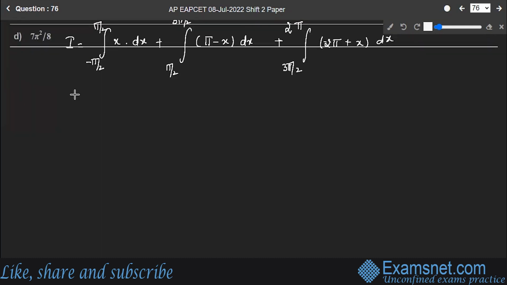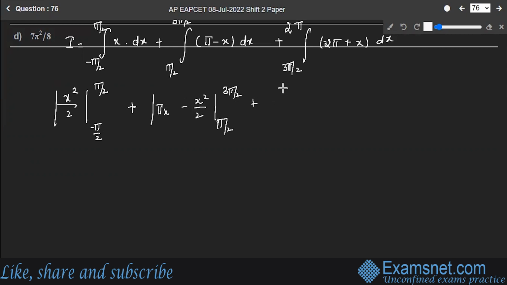The integral of x is x square by 2 with limits minus pi by 2 to pi by 2, plus the integral of pi minus x will be pi x minus x square by 2 from pi by 2 to 3 pi by 2, plus minus 2 pi x plus x square by 2 from 3 pi by 2 to 2 pi. Now let's put in the limits. So when you put in the limits pi by 2 minus of this thing, this will evaluate to be 0.